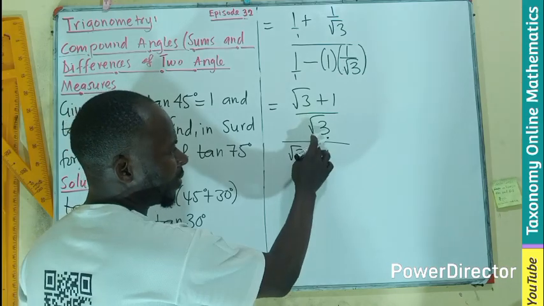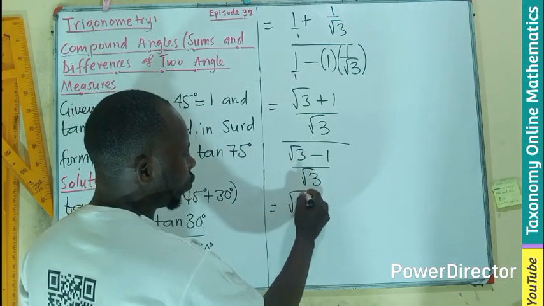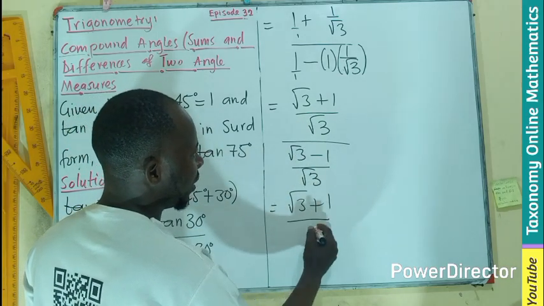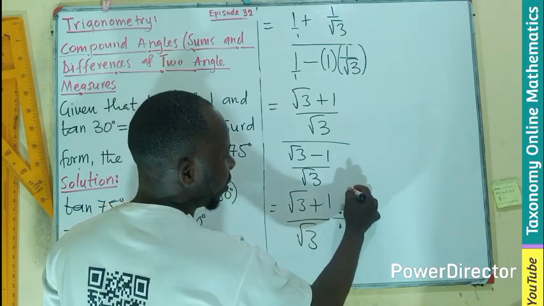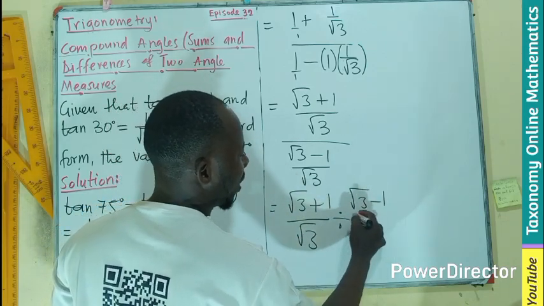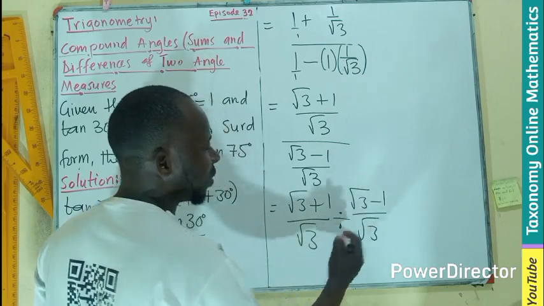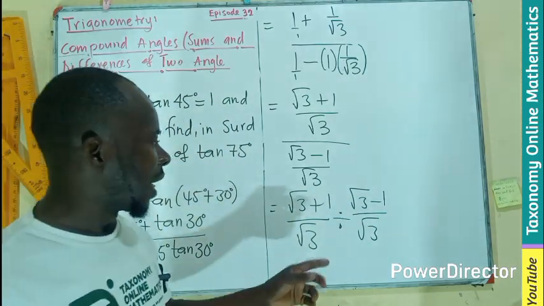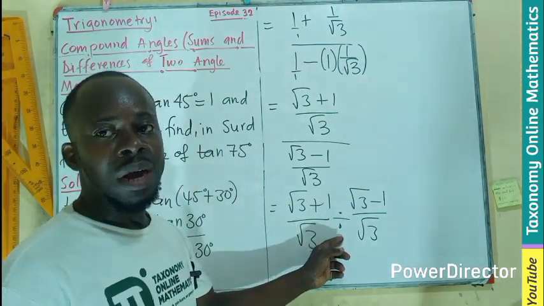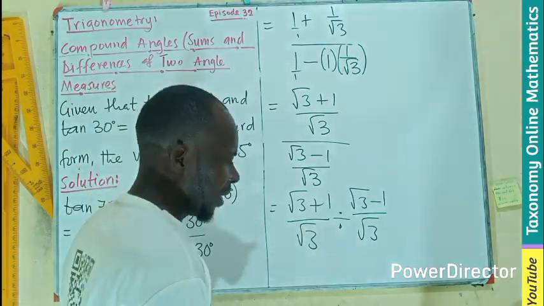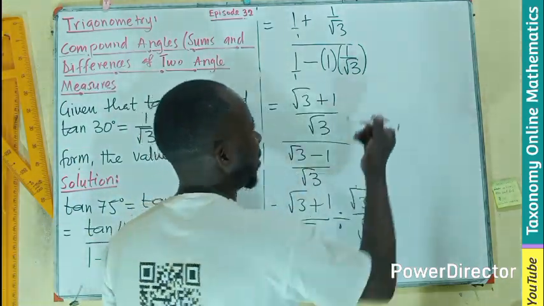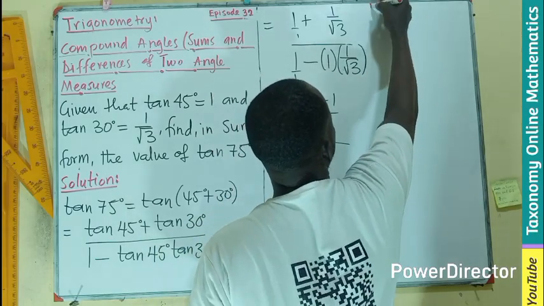So now I can convert this to become root 3 plus 1 over the root of 3, divided by root 3 minus 1 over the root of 3. So now I can change this into multiplication and reciprocate the fraction. Let me see if I can buy space here.